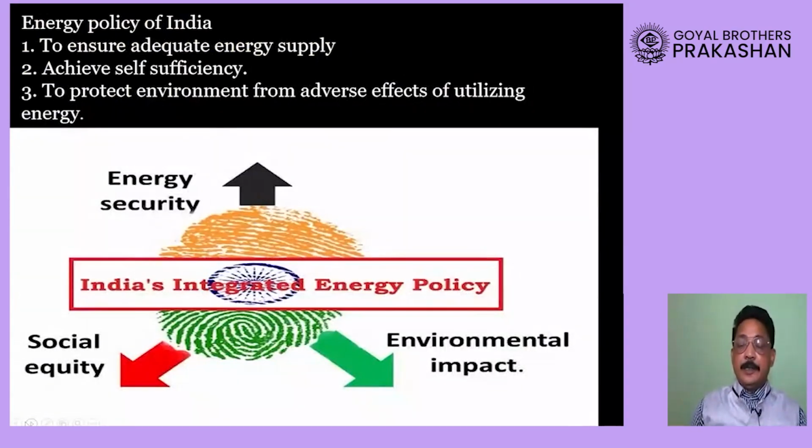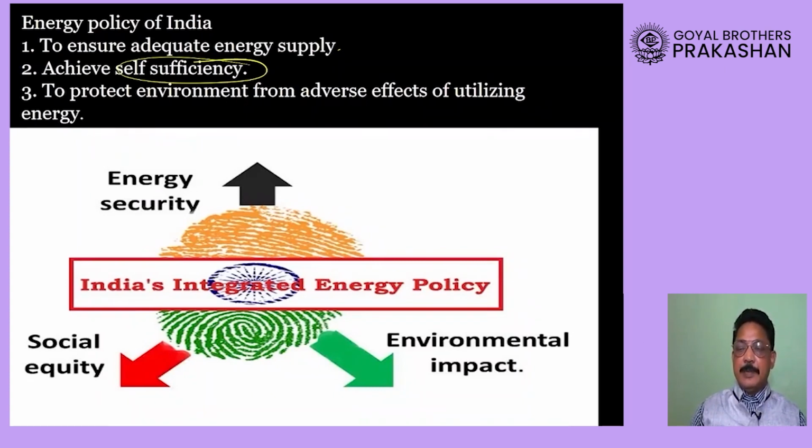Finally, the energy policy of India. That means what are India's thoughts about production of energy. Dear students, our country ensures that everyone gets an adequate amount of energy. Point number 2 says that our country aims to achieve self-sufficiency, which means our country does not want to depend on any other country to obtain energy.